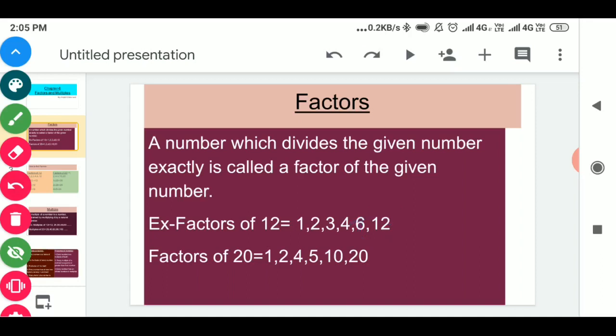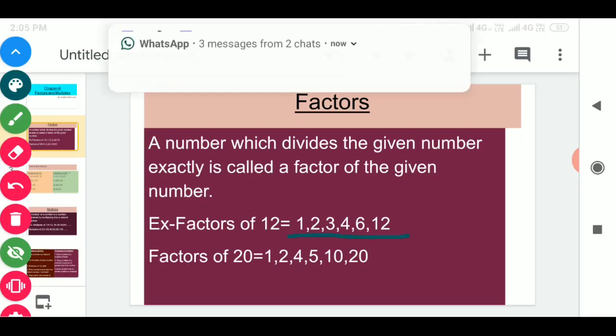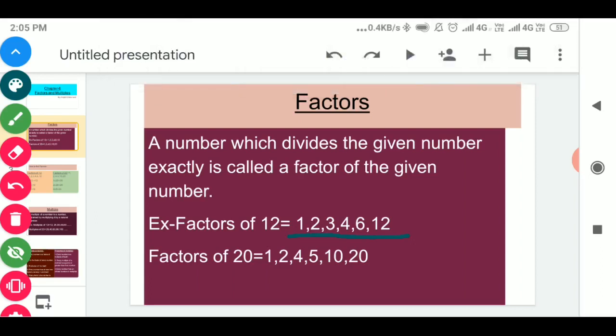So the factors of 12 are 1, 2, 3, 4, 6 and 12. Except for these numbers, you can't find any other factor of 12.